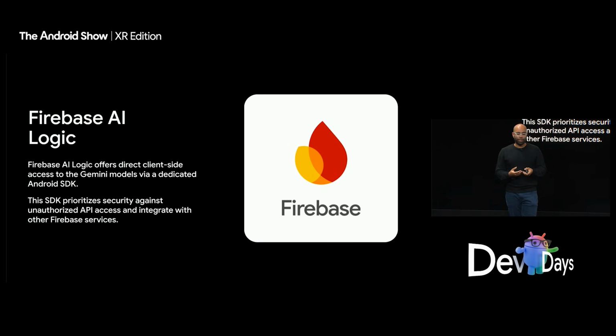And you can use the Firebase AI Logic SDK to directly access those Gemini models. The Firebase AI Logic SDK is a dedicated SDK for Android that makes the integration easy. And in addition, it provides some tools that prevent API abuse, and it integrates seamlessly with other Firebase services.